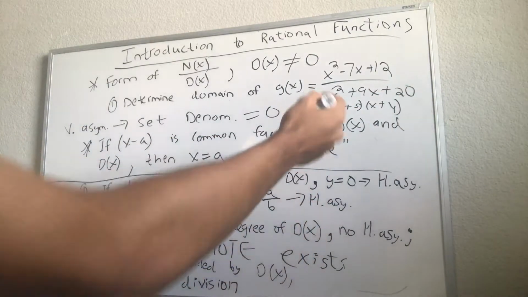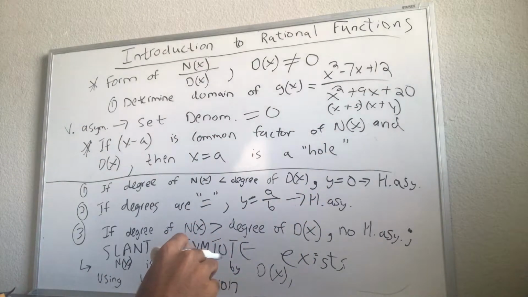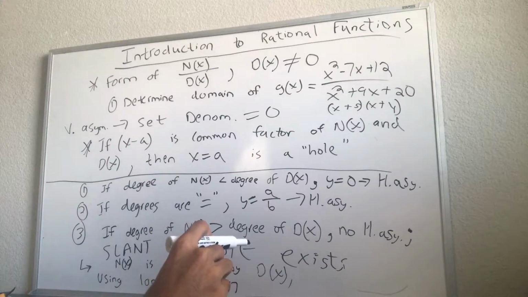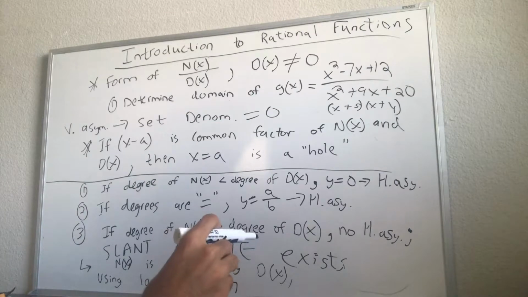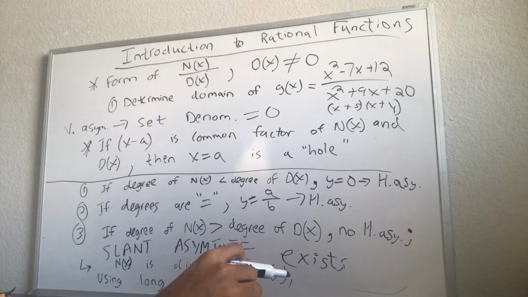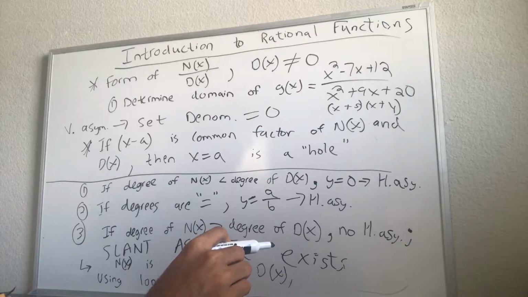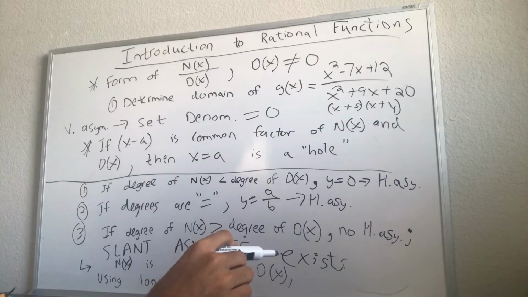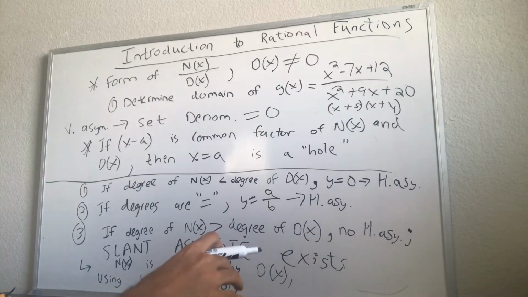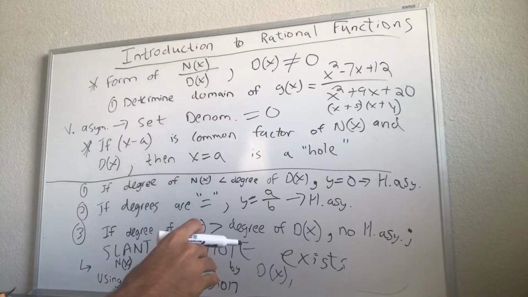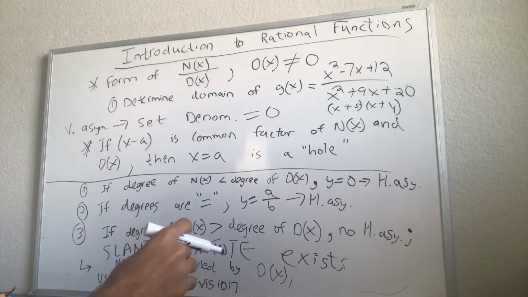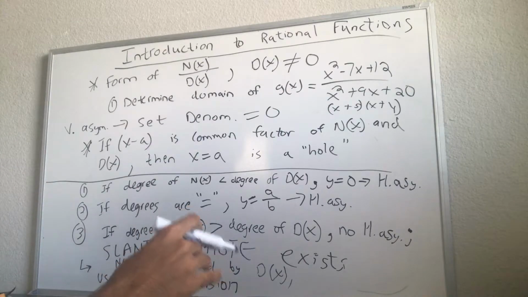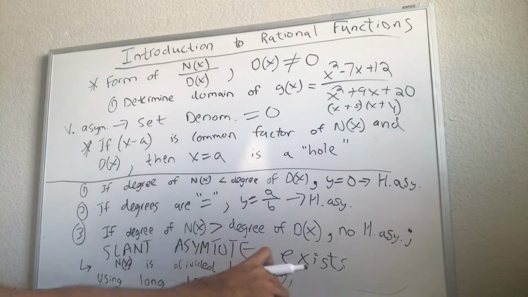If we set this to 0, we must set each individual factor to 0. Therefore x is equal to negative 5, x is equal to negative 4. Those are the two values for which the denominator will be 0 and therefore undefined. So we will say that the domain in this case is all real numbers except negative 5 and negative 4.